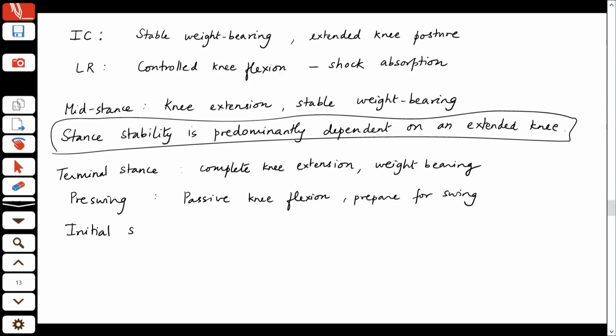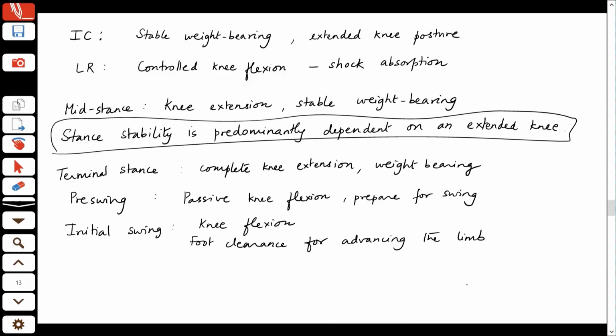In the initial swing phase, you need knee flexion and foot clearance is important for advancing the limb. And that is where the dorsiflexors come into play.